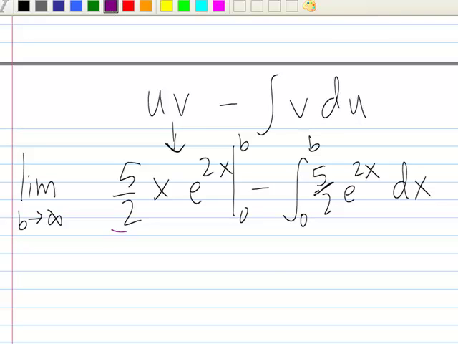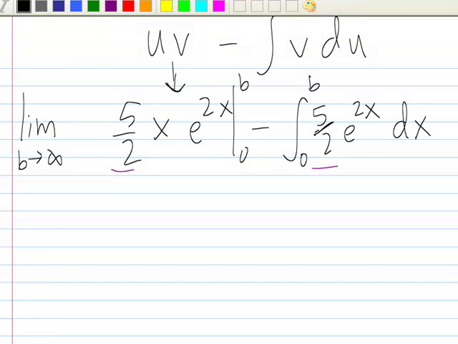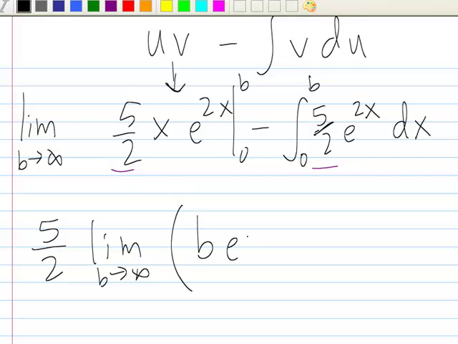Noticing that there's a 5/2 in common, go ahead and factor that out. 5/2 times the limit as b goes to infinity. And then go ahead and plug in the bounds. The first one becomes b e to the 2b minus, if you plug in 0, it's just going to turn out to be 0 for that lower bound.